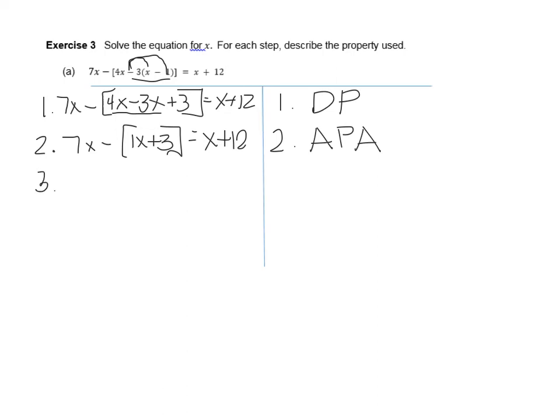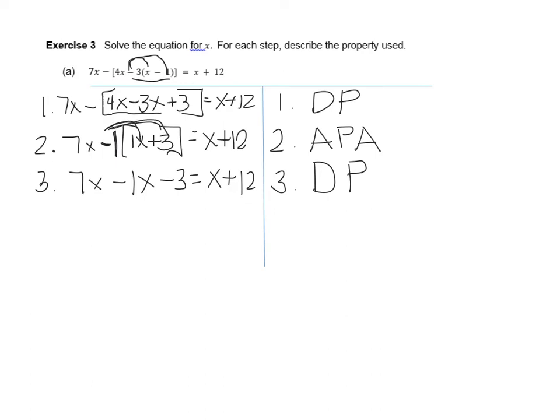Now remember, when you have a negative in front of the parentheses, it's like having a negative 1 in front of those parentheses. So we're actually going to distribute again and get 7x minus 1x minus 3 equals x plus 12. For step 3, we used, again, the distributive property. Negative 1 times 1x is negative 1x.